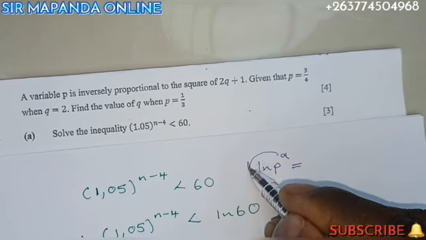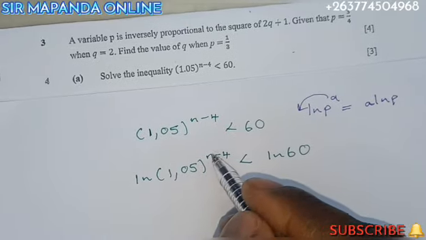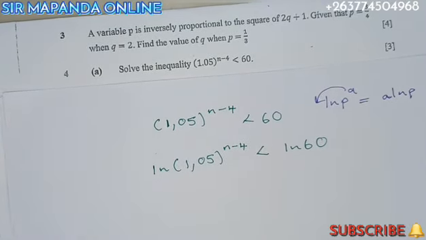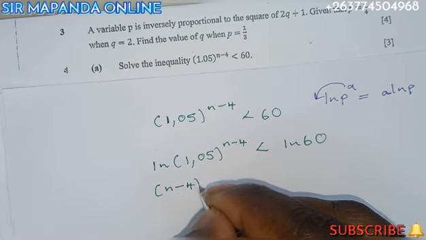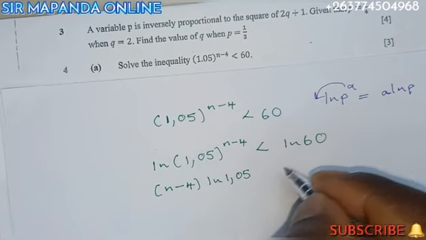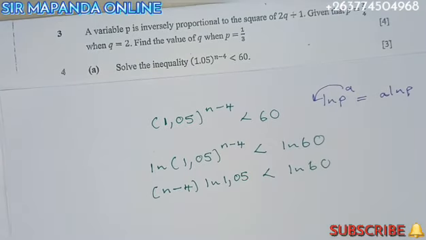You can bring a down to get a ln p. So same applies. This power n minus 4 is going to be brought down. You get n minus 4, I'm going to put it in brackets, ln 1,05 is less than ln 60, something like this.